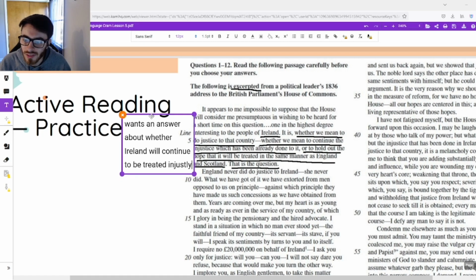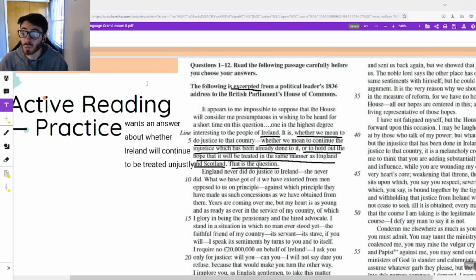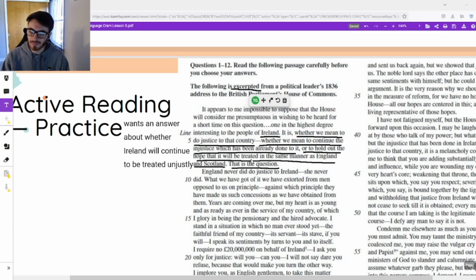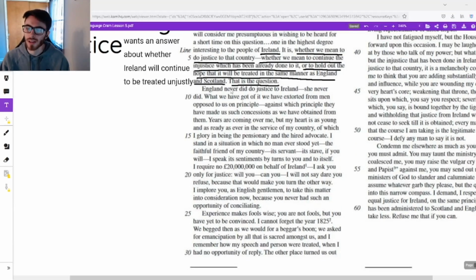That's the main point here, right? He's introducing this topic. The topic is how they're going to continue to treat Ireland, and he wants to find an answer to that question. So that's our main point here. Let's go ahead and take a look at the next paragraph.